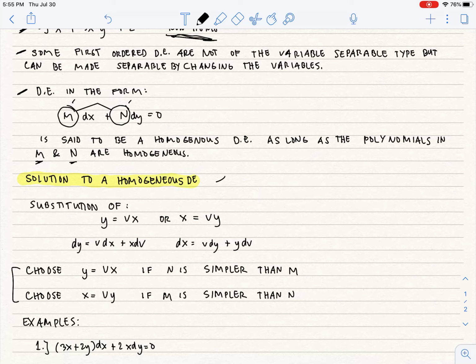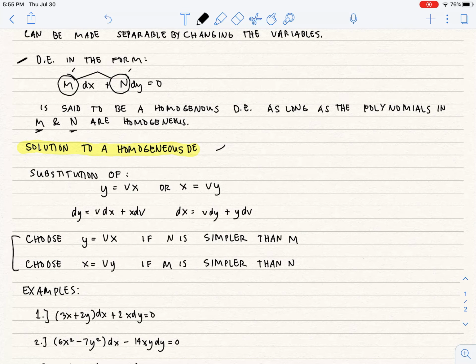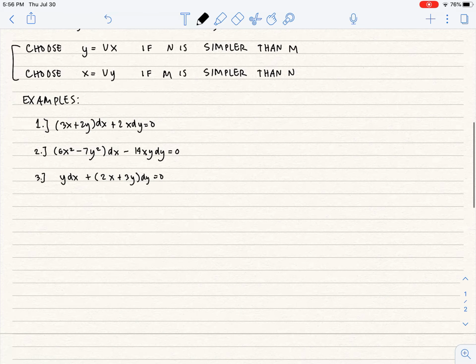Then, if it is now a variable separable DE, we can solve it using the method in lecture 2, right? Next, we choose which substitution to use by these two conditions. Okay? Okay, so let's proceed to example number 1.